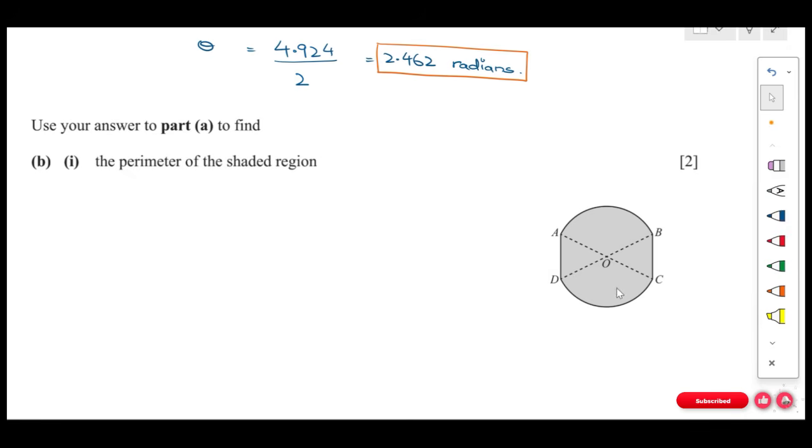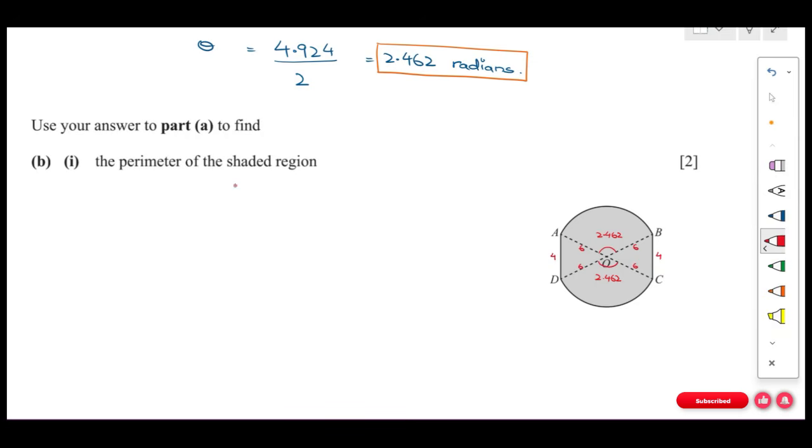I dragged this picture separately over here. We have to use the answer from part A. From part A, this angle is 2.462 radians, and this angle is 2.462 radians. This side is 6, this side is 6. This is also 6, this is also 6. We have 4 and this is 4.